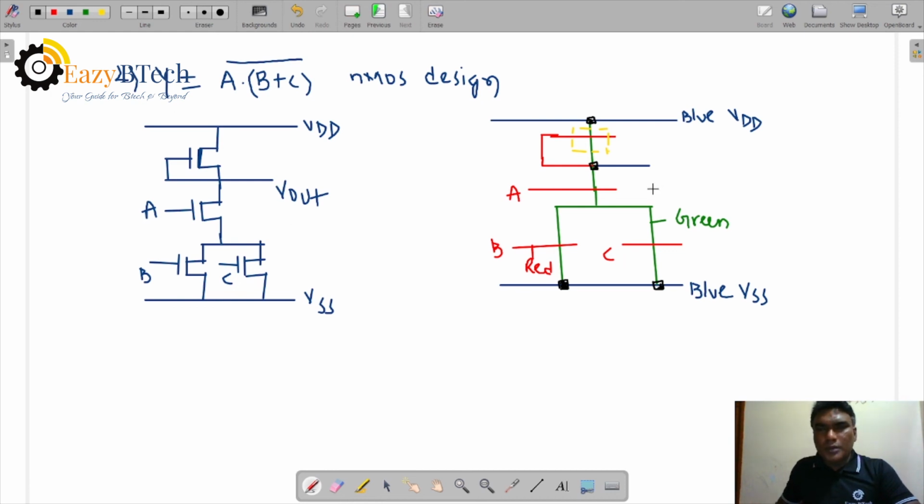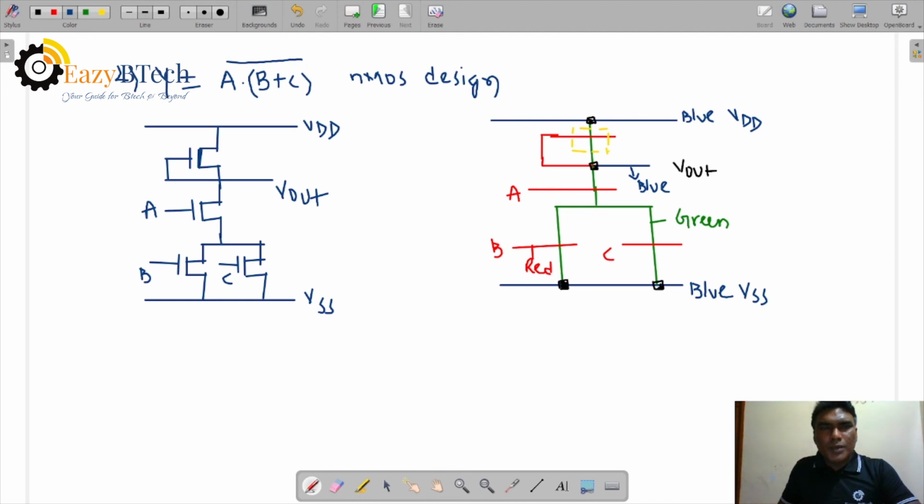So this is Vout, and the color representation is blue. Diffusion is green, polysilicon is red, red over green. Where an interconnection point is there, you can represent it with black color.